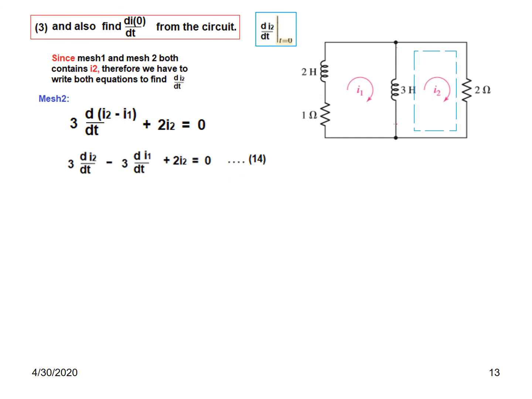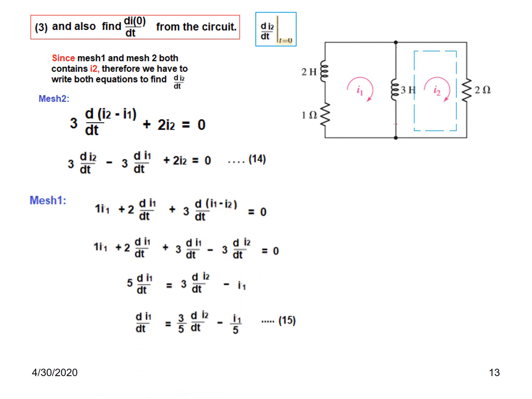And now we'll solve for mesh 1. So mesh 1 is the same as here, 1 I1, 2 di1/dt, and this is now common, so 3, but now we'll write I1 minus I2, so d(I1 minus I2)/dt. And solving this, we find di1/dt is equal to, as shown here.